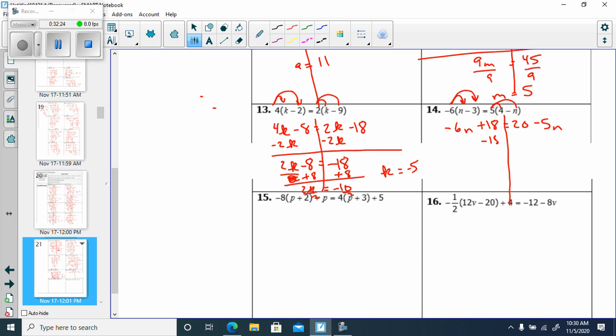So let's subtract 18 from both sides. Negative 6n would be equal to 2 minus 5n. I can add 5n to each side. That gives me negative 1n equals 2. Divide by negative 1, and n is equal to negative 2.